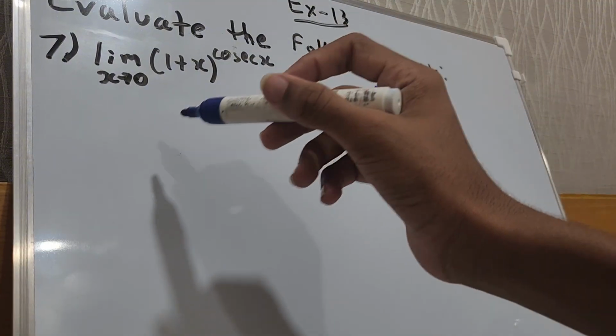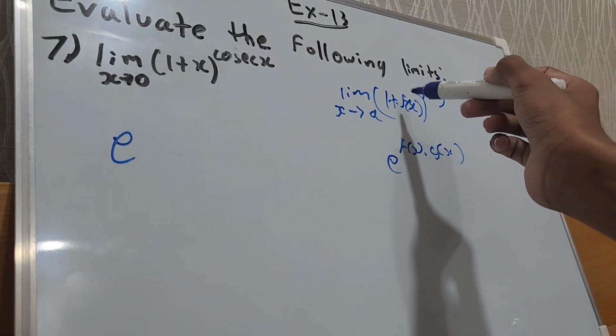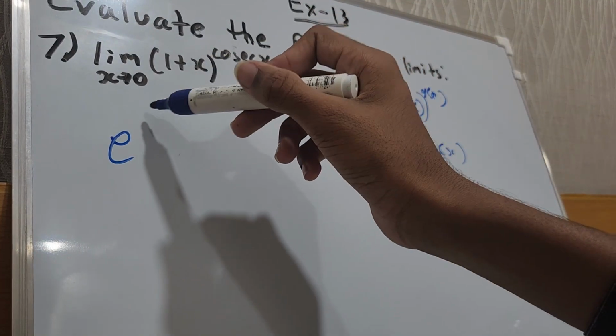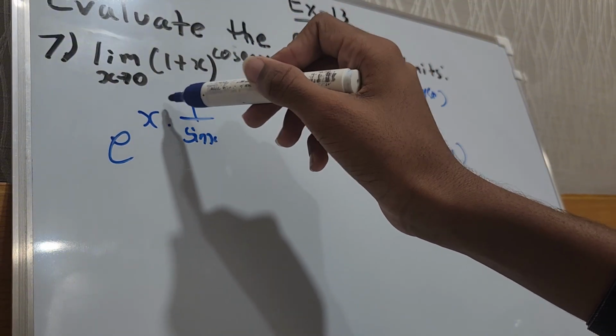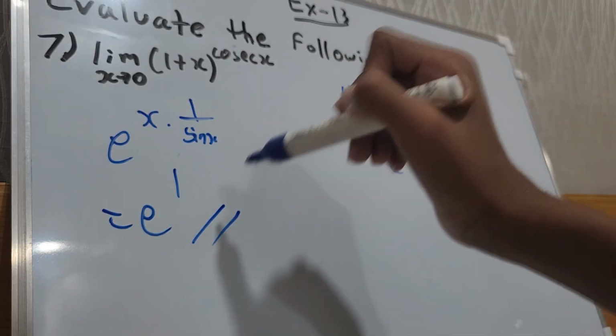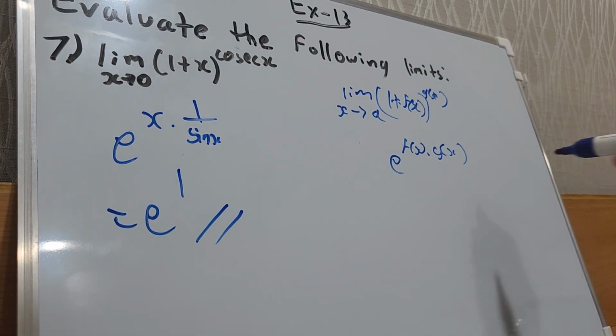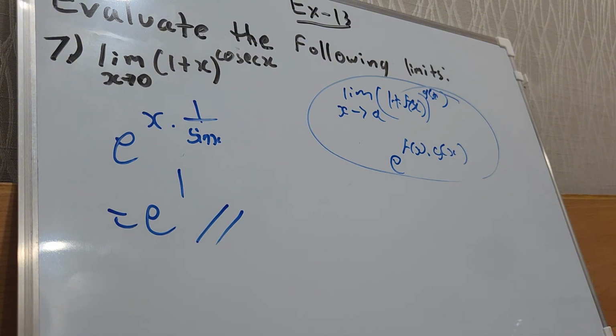This formula will apply. So e power x into 1 by sin x, which is x by sin x, with limit 1, which is equal to e power 1. That's it. This question is also over. Just remember this formula. Now let's go on to the 8th question.